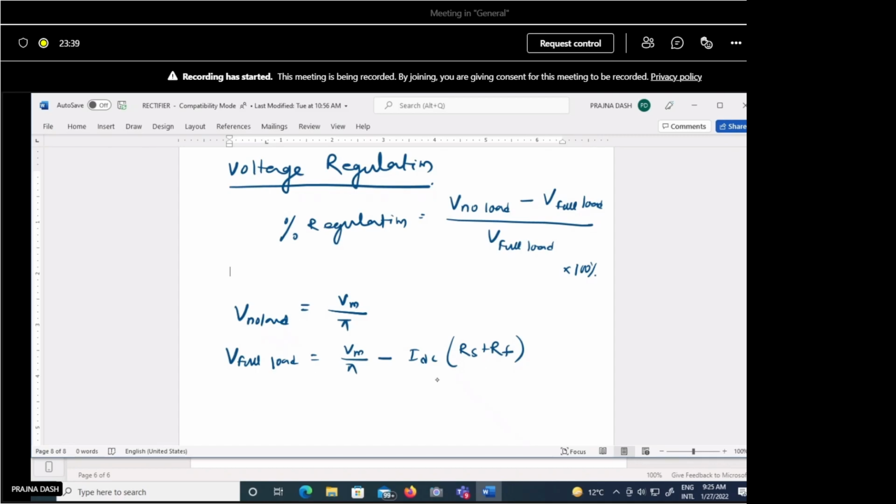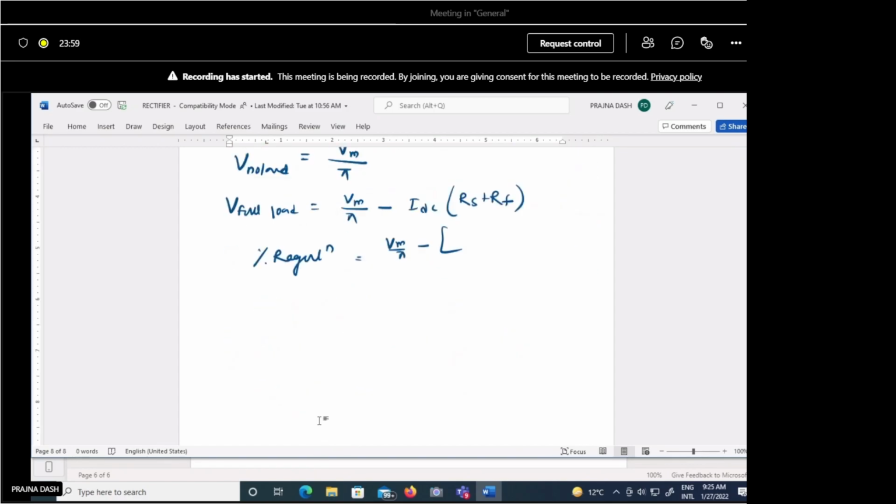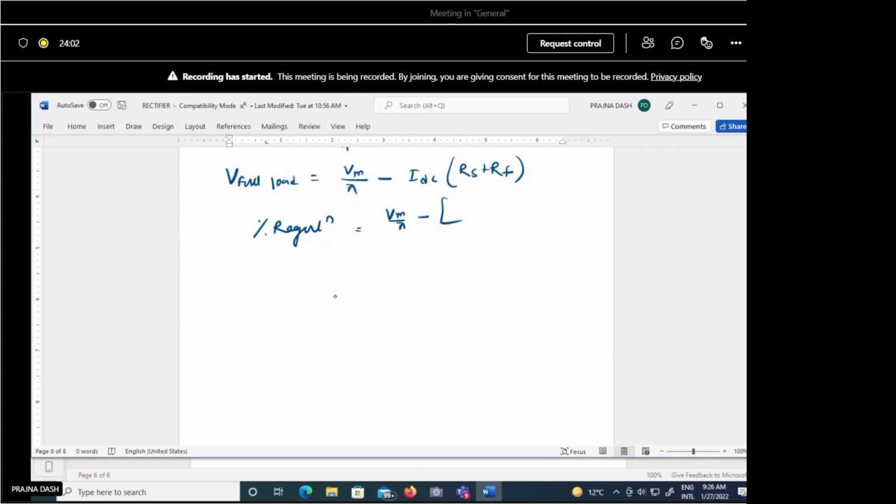So if you put these values in and calculate the percentage regulation, we just put the values: Vm by pi minus IDC into RS plus RF.